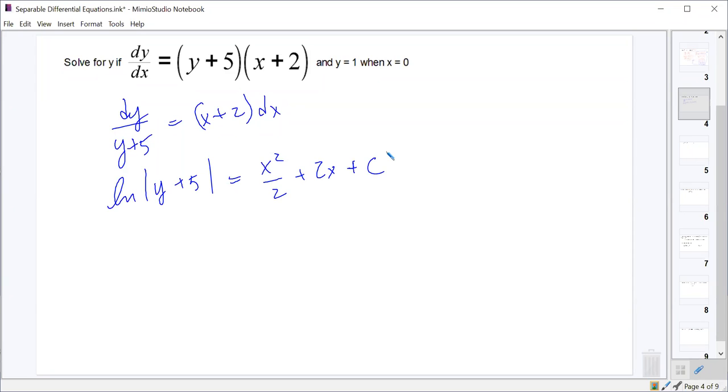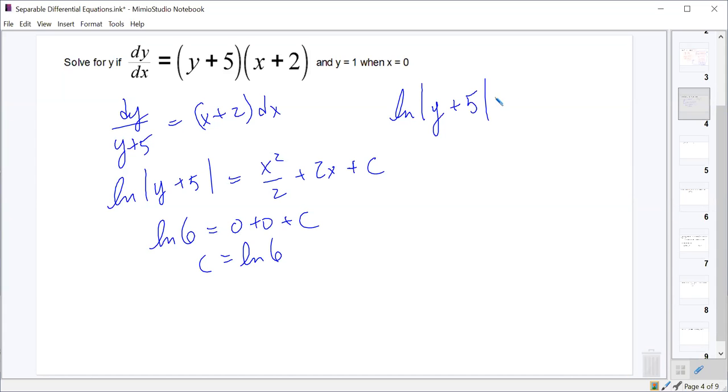Good or no? Okay. This gives us natural log 6 equals 0 plus 0 plus c. So our constant is the natural log of 6, giving us natural log absolute value y plus 5 is equal to x squared over 2 plus 2x plus ln 6. Everybody good with that?